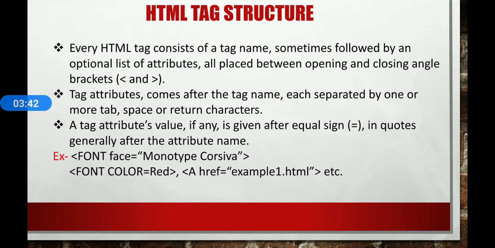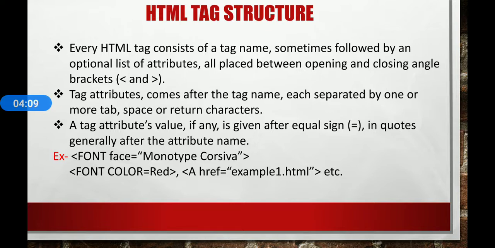Next one, font color equal to red. It means color is the attribute of the font tag and red is the value of that color. Second one, href equal to example1.html. It means href is the attribute of the a tag, the anchor tag, and example1.html is the value of that href.